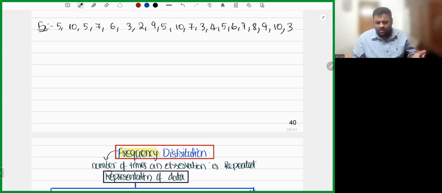Let us take that these are marks of students in an examination. So I have written all individual data here. This is called individual data.